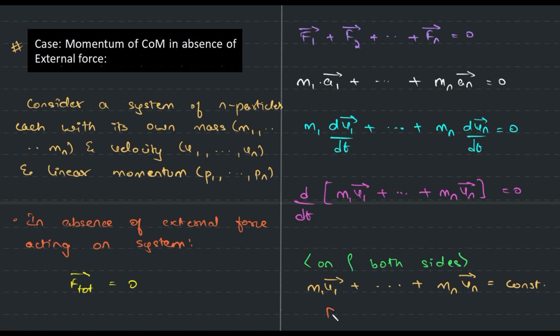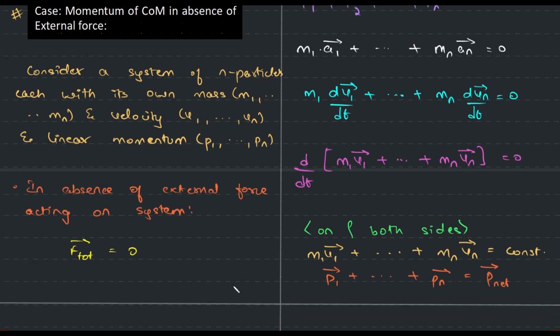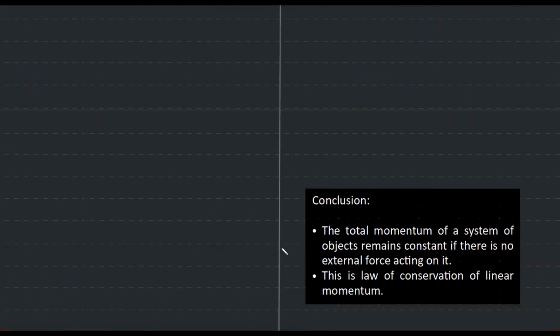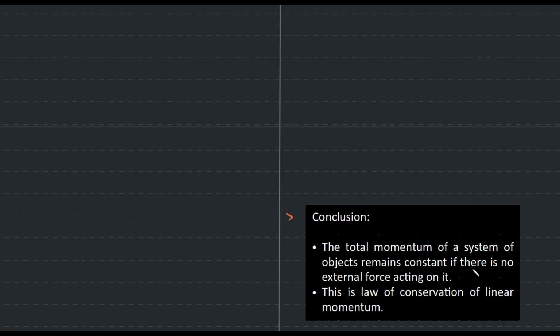And this is basically nothing but p1 plus pn, right? Mass into velocity is your momentum, and this constant will be the momentum of the center of mass. As a conclusion, the total momentum of a system of objects remains constant if there is no external force acting on it. This is the law of conservation of linear momentum.